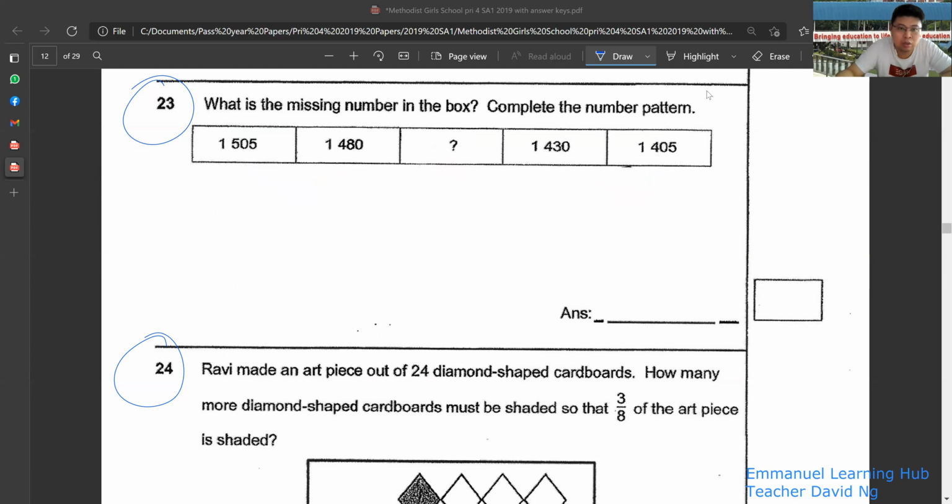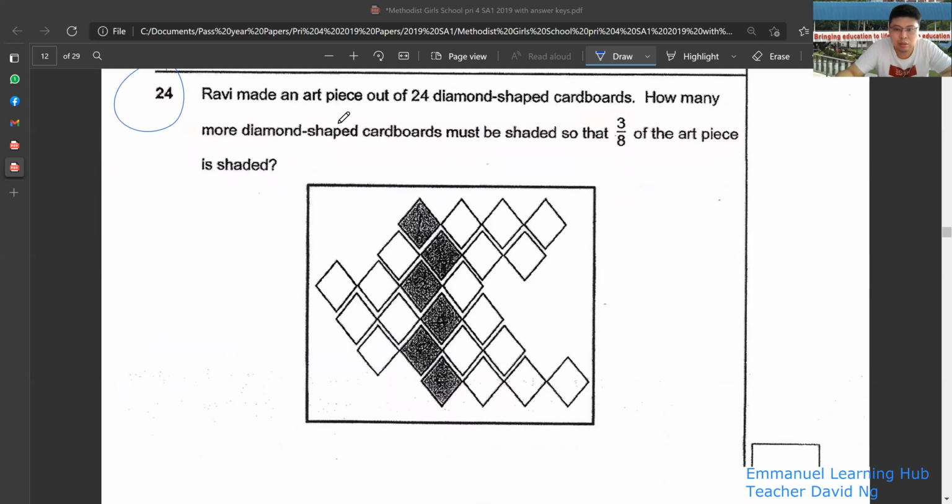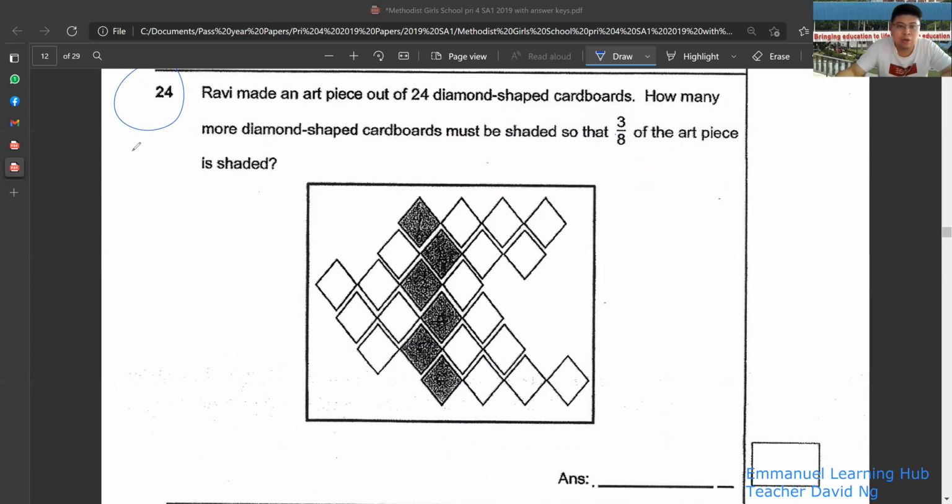Okay, 24. Ravi made an art piece out of 24 diamond-shaped cardboards. How many more diamond-shaped cardboards must be shaded so that 3/8 of the art piece is shaded?